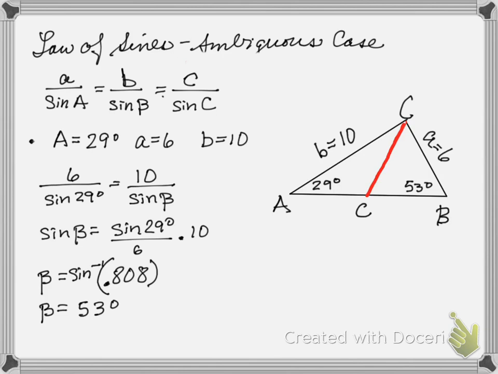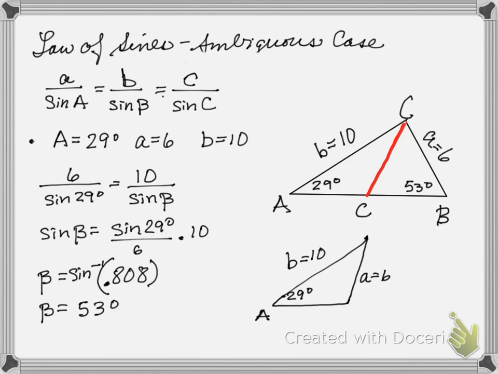Therefore, there's a completely different triangle that will meet the stipulations that were given: angle A is 29, side A is 6, and side B is 10. Let's pull that triangle out. And if I've got a triangle that looks like this, where angle A is 29 degrees, side A is 6, and side B is 10.